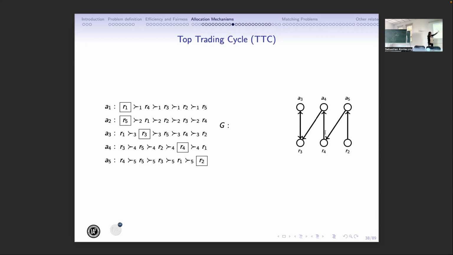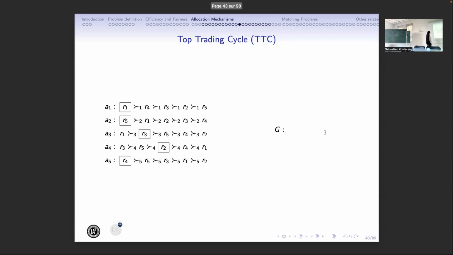So in fact, the agent keeps his resource and is removed. We update the graph, and we obtain a final cycle between A4 and A5, so we give R2 to A4 and R4 to A5. And we remove both agents and both resources. And we obtain an empty graph, and we have finished.